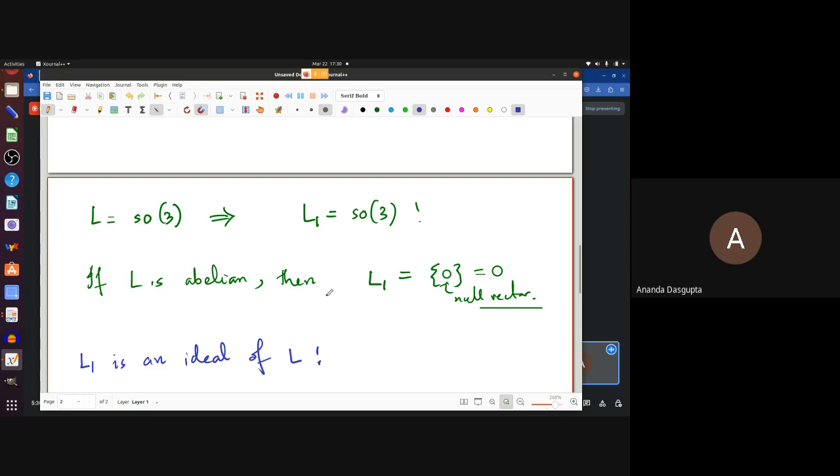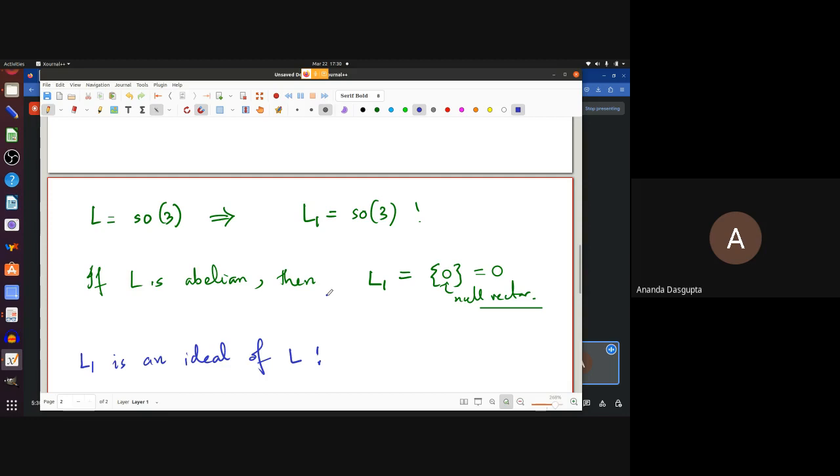Is it closed under brackets? It had better be. After all, any element you get in L1 is a linear combination of brackets of elements in L. But brackets of elements in L are, of course, elements of L. A bracket is an element of L. And if you take many such brackets, they are all elements of L. You are linearly combining them.